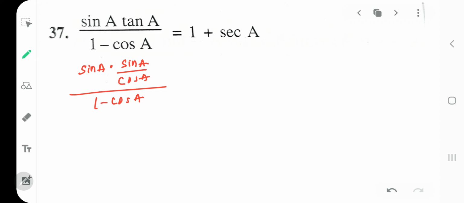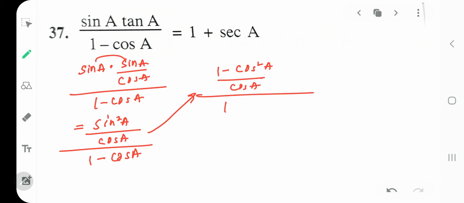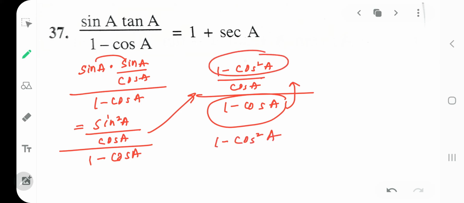Now my dear kids, sin A into sin A will be sin square A upon cos A upon 1 minus cos A. For sin square A, can I write it 1 minus cos square A, and this cos A in the denominator as it is and 1 minus cos A as it is. Now my dear kids, this 1 minus cos A will shift up. So it will be 1 minus cos square A, this numerator as it is, upon cos A as it is, and this 1 minus cos A will come here.